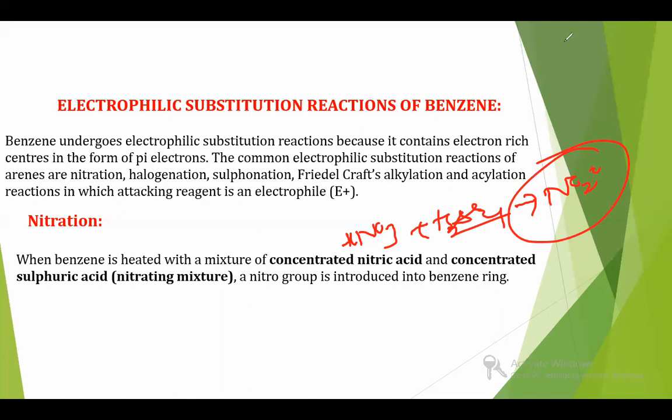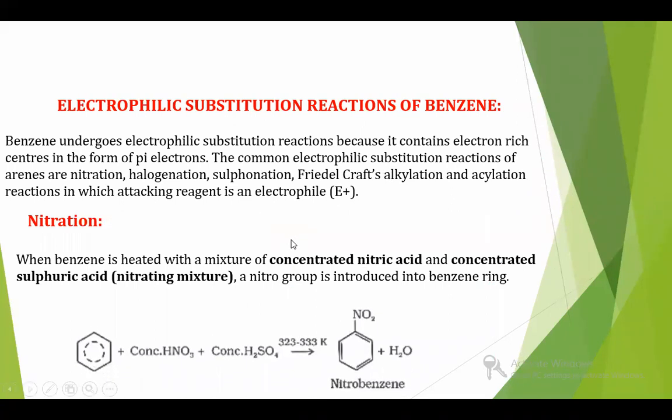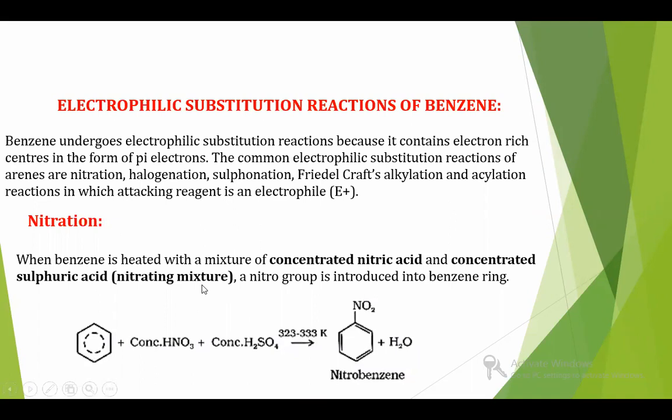This is the reaction, so you can see it on the screen. This is benzene, C6H6. A mixture of HNO3 and H2SO4 at 323 to 333 Kelvin gives NO2 plus, the nitronium ion, which attacks the benzene ring.